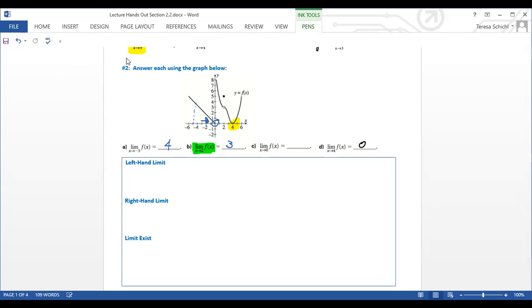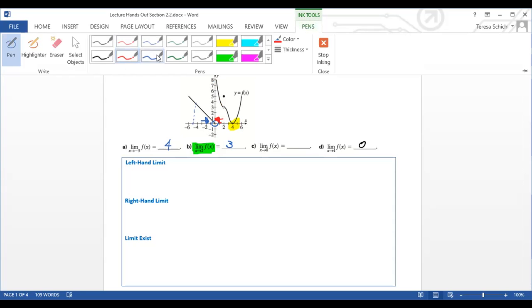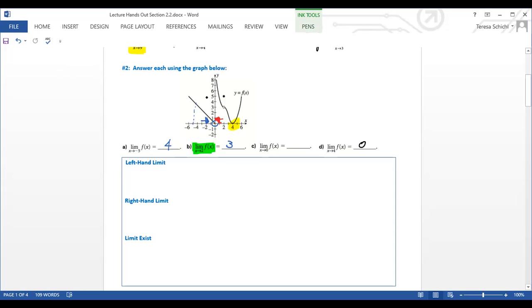But if I'm getting closer and closer to 0 from this side, what is my function value going to be? Whoa, it's going to become infinity here. So for here, I cannot decide. I say, I don't know, when x approaches from the left, or approaches from the right. So this one here, I do not know. So the limit does not exist, because one approaches here, another approaches here.